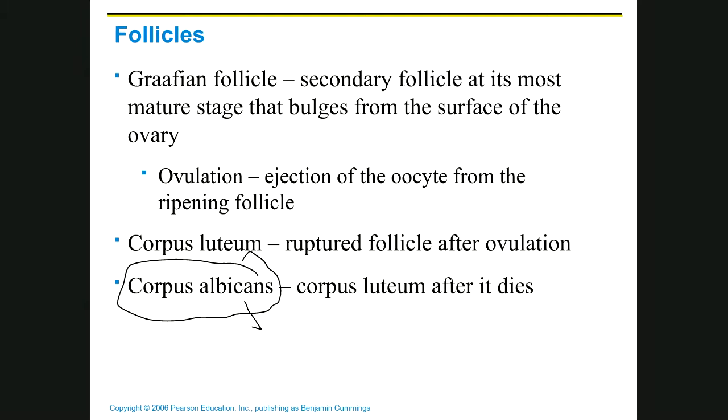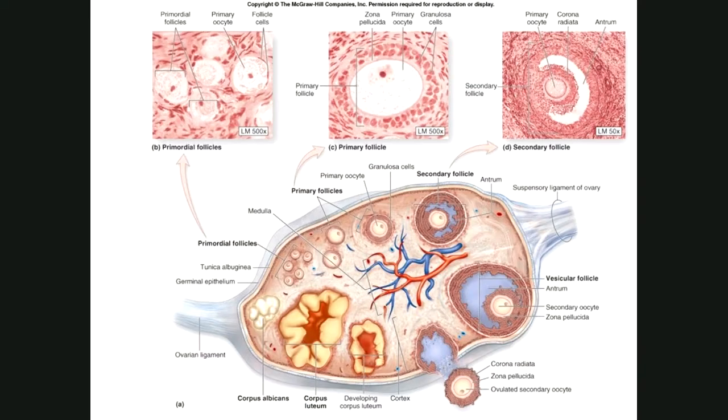Remember, alba means white. So now it's the white body. The white body is basically just dead tissue. It's scar tissue is what it is. So it looks like a scar on the surface of the ovary.